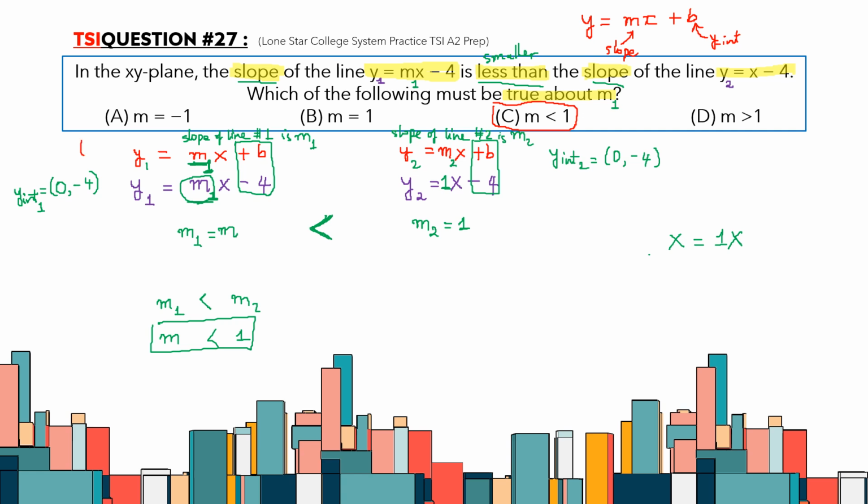I have to write down the formula on top so that we can compare. We have y1 at the formula here, so y and x stay the same. The slope is whatever is in front of x, the coefficient of the x term, and the rest is the plus b.